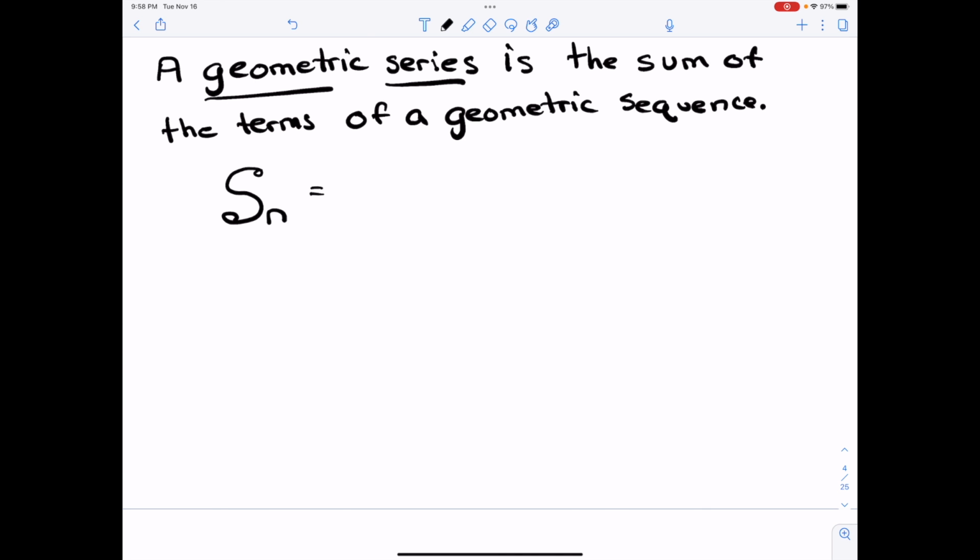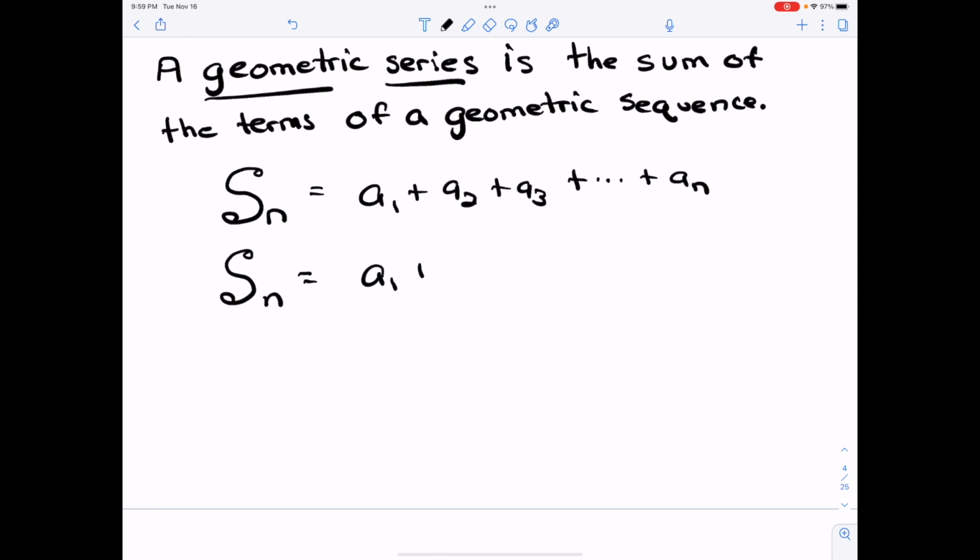So the sum of the terms could be written as a sub 1 plus a sub 2 plus a sub 3, etc., all the way to a sub n. So right now we're just dealing with finite. We'll deal with infinite later. But this could also be written, since we're talking geometric, as a sub 1 plus a sub 1 times r plus a sub 1 times r squared, etc., until you get to a sub 1 times r to the n minus 1.